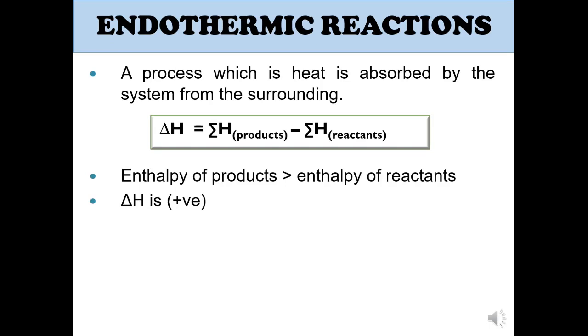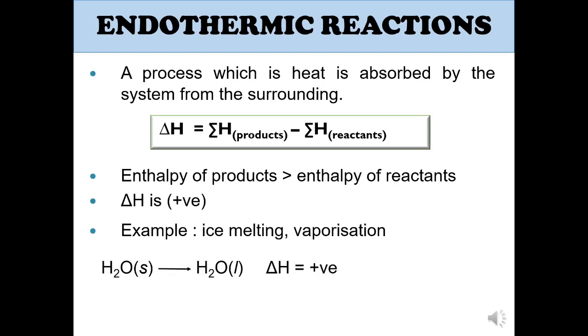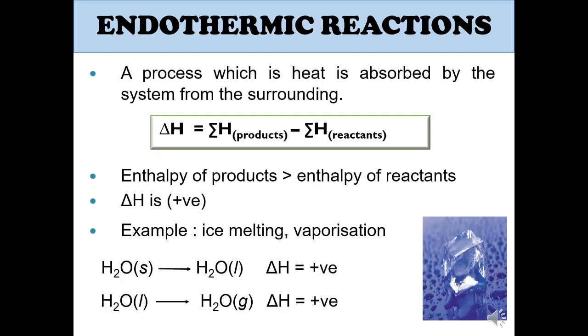The enthalpy change of the reaction, delta H, has a positive value because the heat content of the products is higher than the heat content of the reactants. Examples: ice melting and vaporization. So H2O solid changes to H2O liquid, delta H positive, and H2O liquid changes to H2O gas, delta H is also positive.